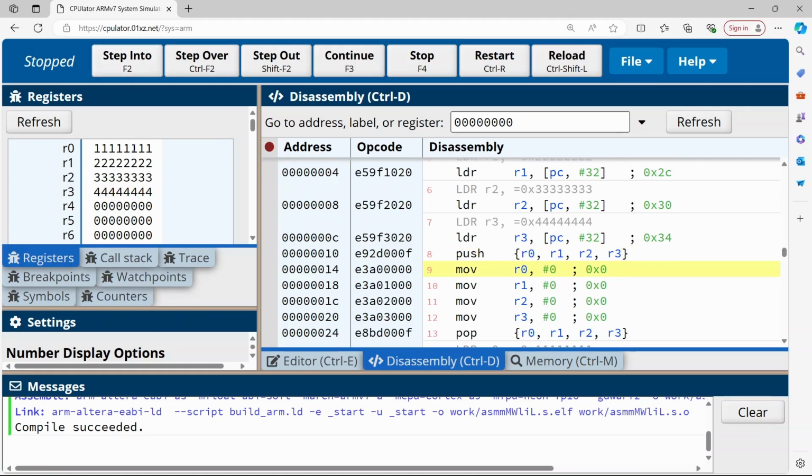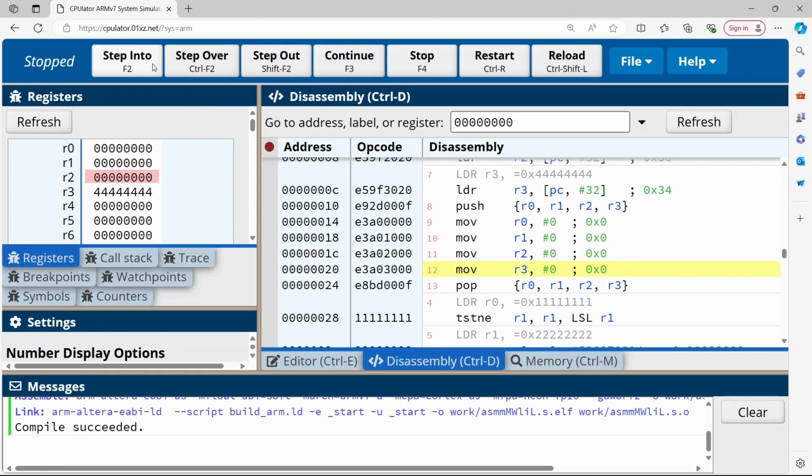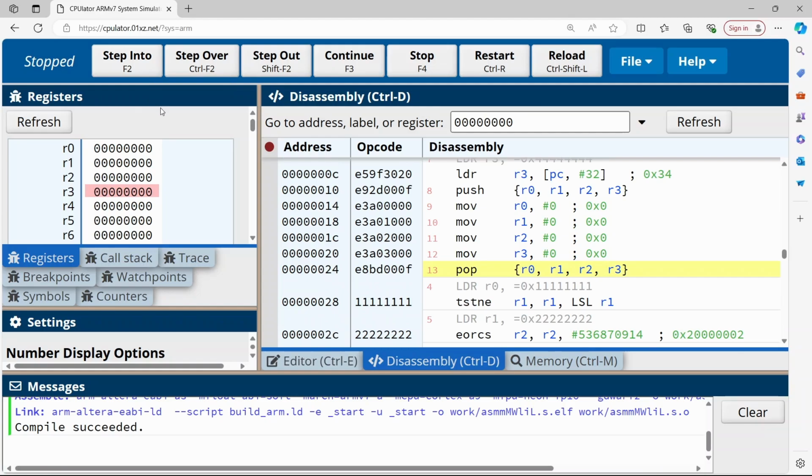Now, to see the effect of the pop instruction, we will reset the registers. After resetting the registers, the pop instruction will restore the values into the corresponding registers.